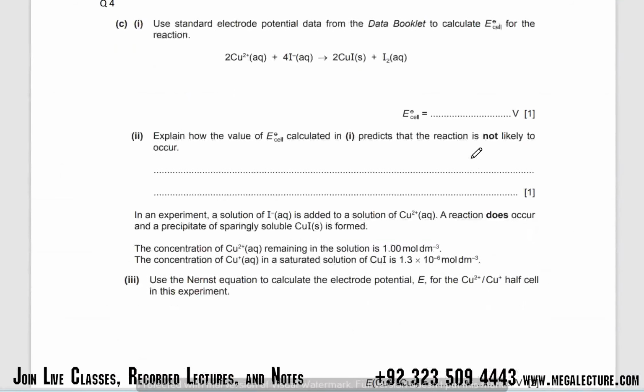I said, you've got the data booklet. Calculate the E cell for this reaction. The overall equation is given. By just looking at the overall equation, which 2 electrodes do you think are involved in this reaction?